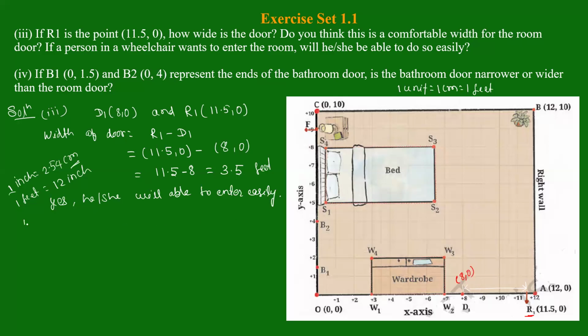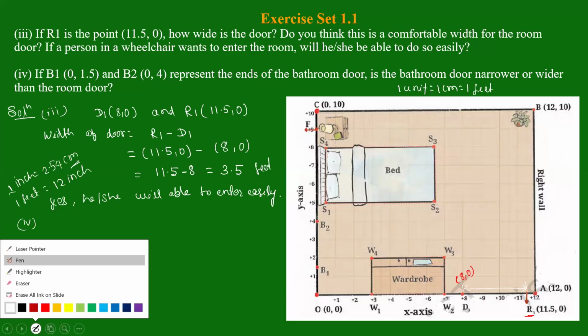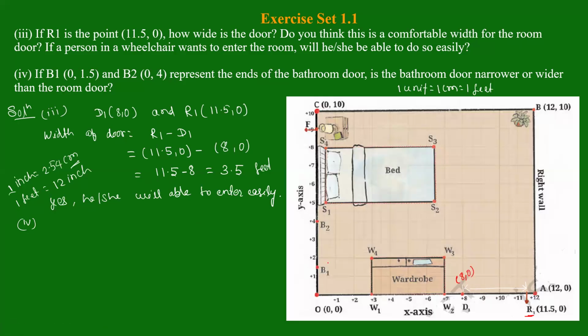Next is the fourth one. Now the B1 coordinate is given. So what is the B1 coordinate here? If you see, it is 1.5 on the y-axis. The point is on the y-axis, so the x value is 0, and the y value is 1.5.